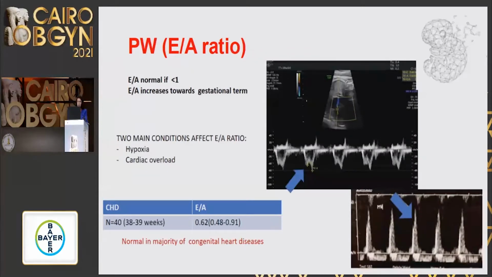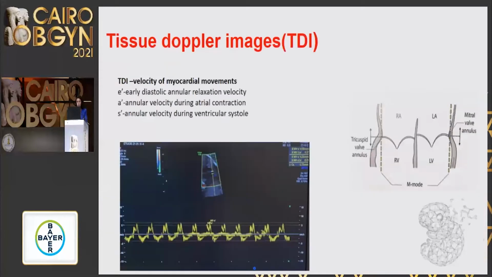In cases where there is cardiac overload and hypertrophic myocardium, like in TTTS cases, we will see monophasic flow, which tells us of deterioration of cardiac function. We can also evaluate the E/A ratio of early phase to active phase, which is normally less than 1 and increases in hypoxia and cardiac overload.